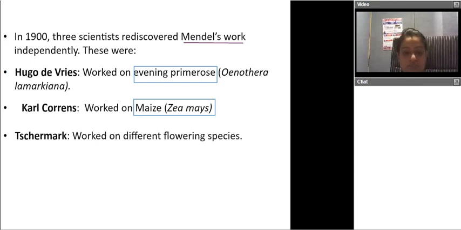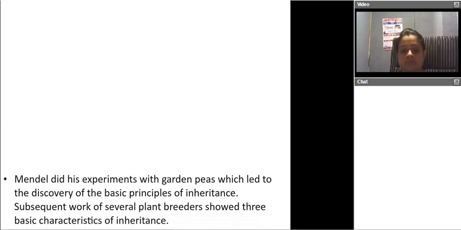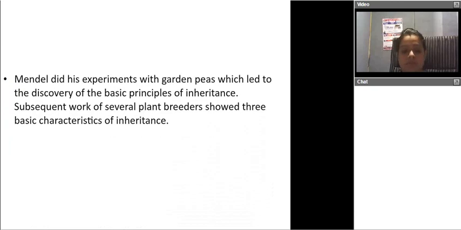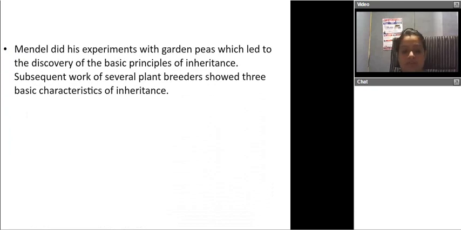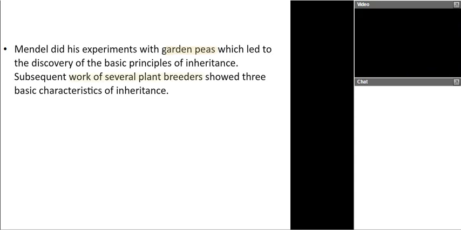And third was Tschermak, who worked on different flowering species and discovered Mendel's work independently. Mendel had performed his experiments on garden pea plants. Their scientific name, as we all know, is Pisum sativum. The works of several plant breeders then showed similarity with the work discovered by Mendel.